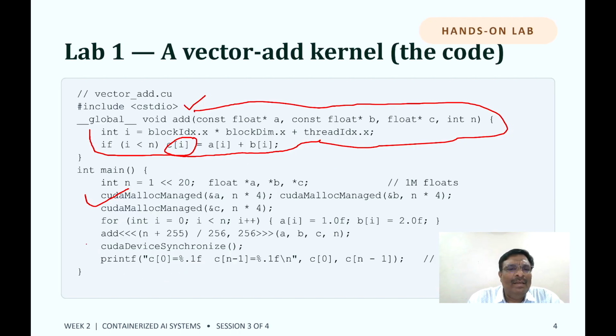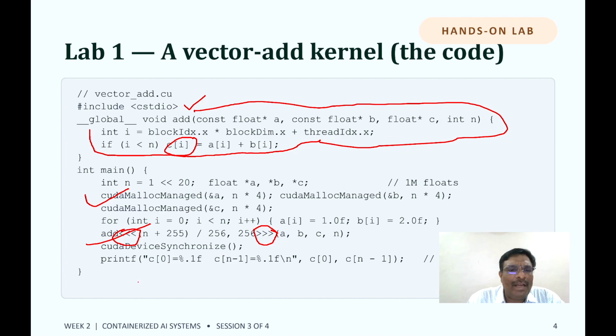And then we do an addition operation. This is how you are going to run your kernel, and these are the variables to be used inside this kernel. This is the addition operation on 256 threads.